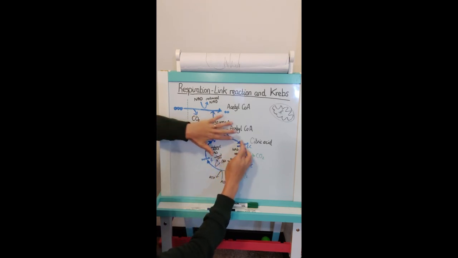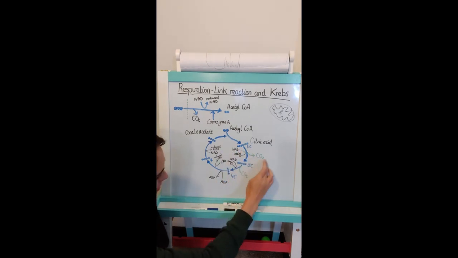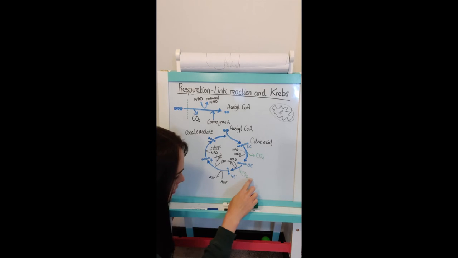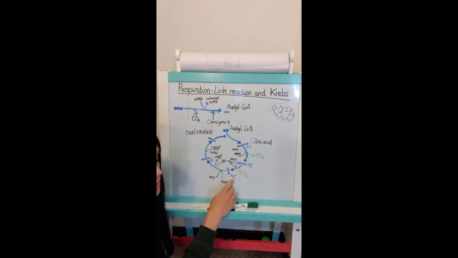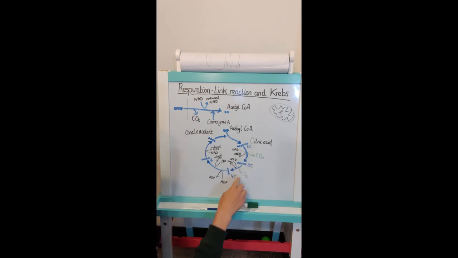So obviously 4 add 2, you get a 6 carbon molecule. That one loses a carbon as carbon dioxide, so it becomes a 5 carbon molecule. Then again, we don't know the name of that intermediate, you don't have to know, it loses another carbon dioxide and becomes a 4-carbon molecule. So remember that it goes 6, 5, and then 4 the rest of the way round.